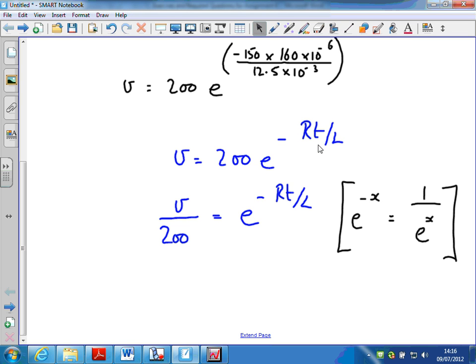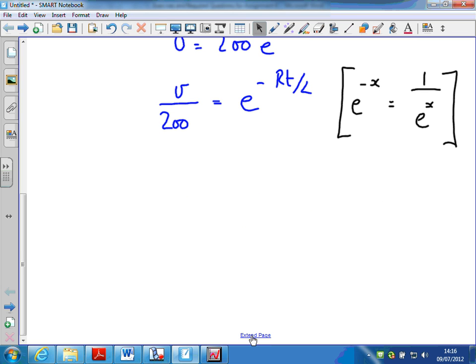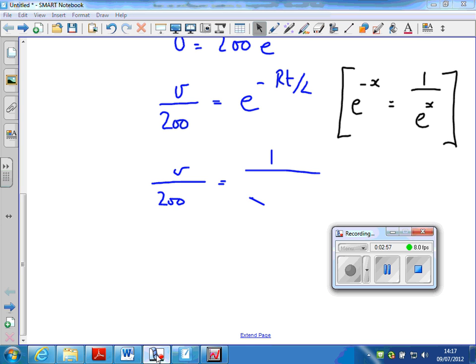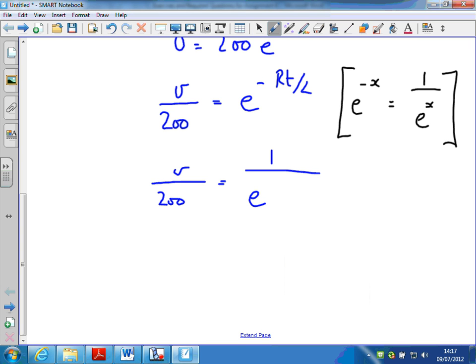So I can rewrite this as v over 200 equals 1 over e to the rt over L, positive rt over L.